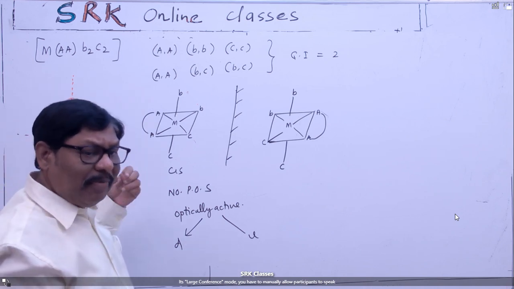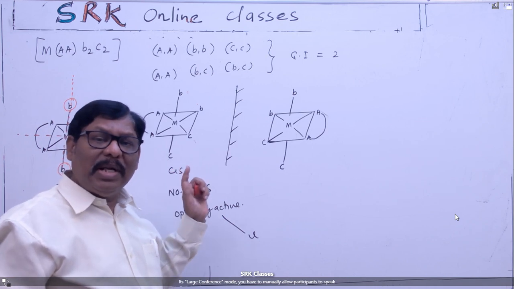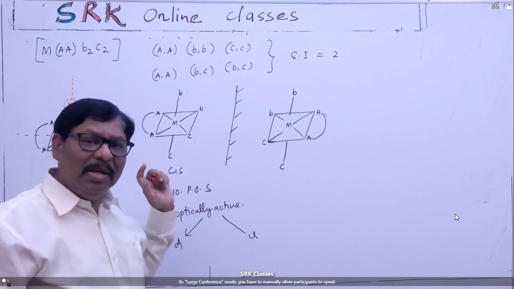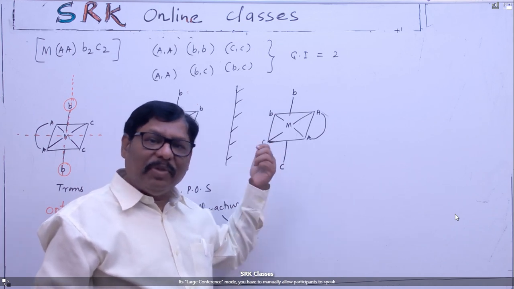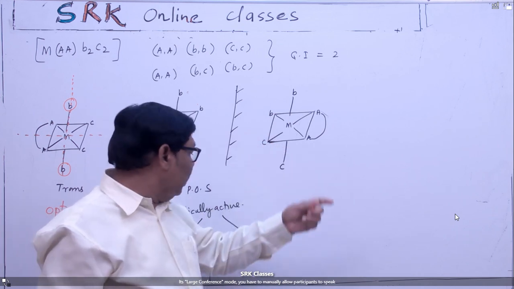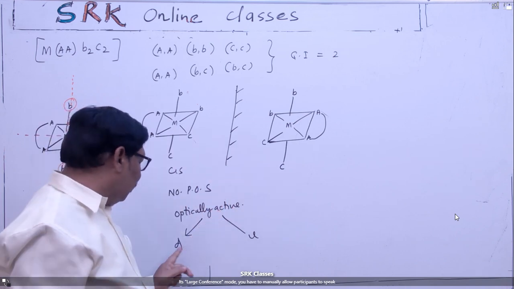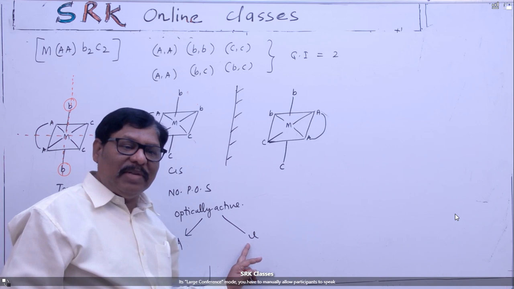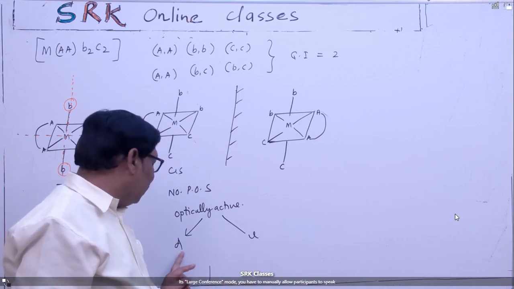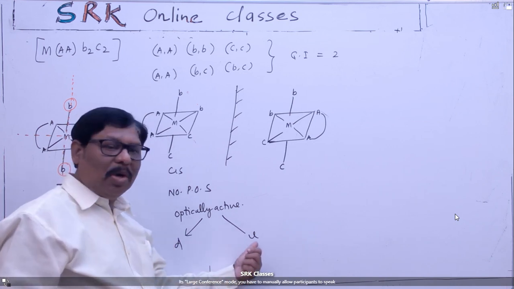In the third example also, all trans compounds are in general optically inactive because of the planar symmetry. But in the case of cis compounds, there is no planar symmetry, therefore they are optically active. Here, if it is an optically active compound, one compound rotates plane polarized light towards the right side, another one rotates towards the left side. Therefore, this compound is optically active and dextro and laevo compounds are there.